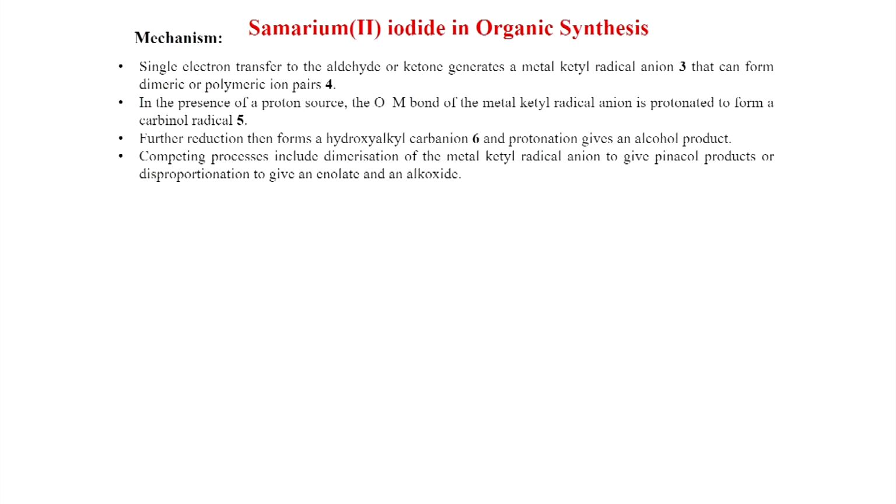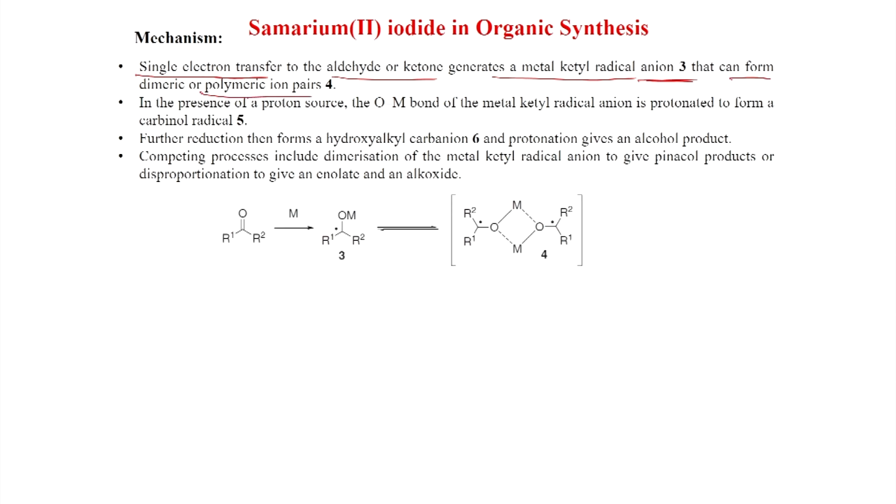So what is the mechanism for this ketone reduction? Of course the single electron transfer will happen to the aldehyde or ketone, generates a ketyl radical anion 3 that can form a dimeric or polymeric ion pairs 4.